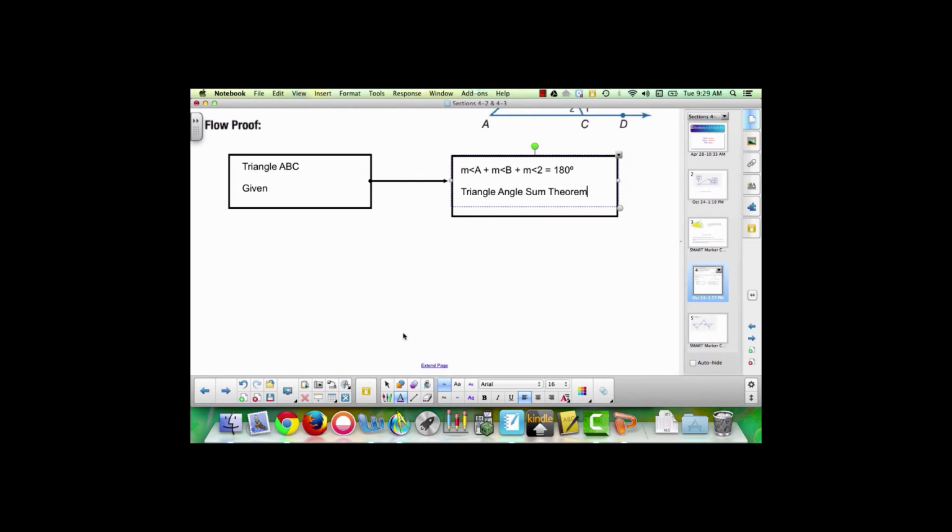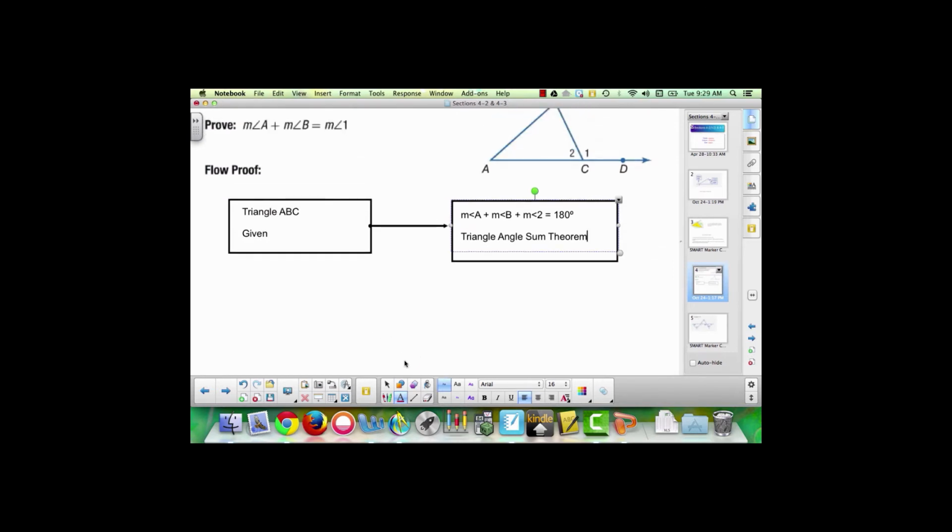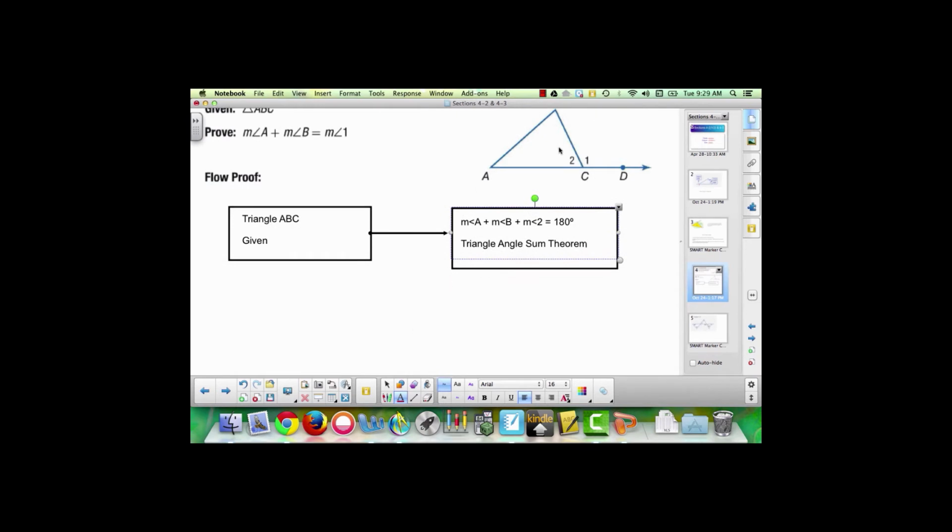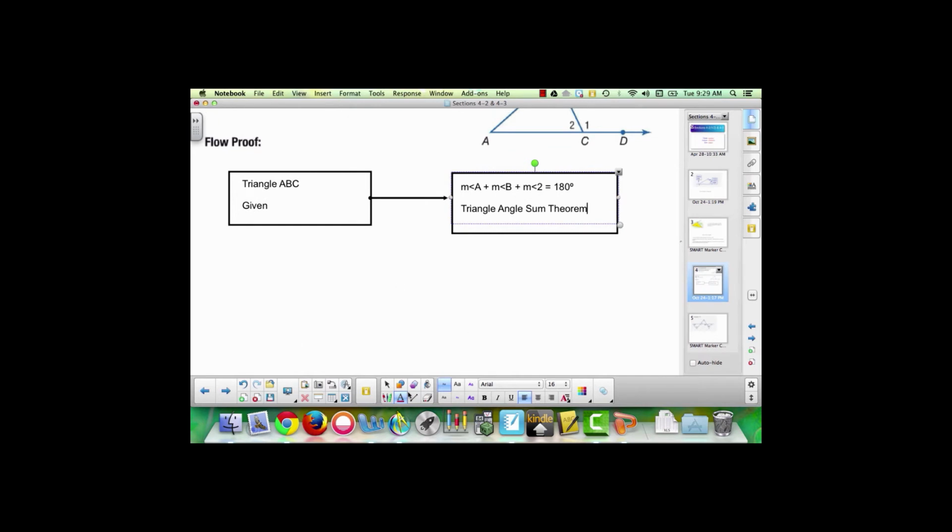Next, I'm going to make another box. This box actually comes from a conclusion from the picture and not from either of these statements. As I look in the picture, I notice that angle 1 and angle 2 form a linear pair. We know from the supplement theorem that when two angles form a linear pair, their measures add up to 180. Again, since this does not come from either of these statements, I'm going to make a box by itself with no arrow going into it.